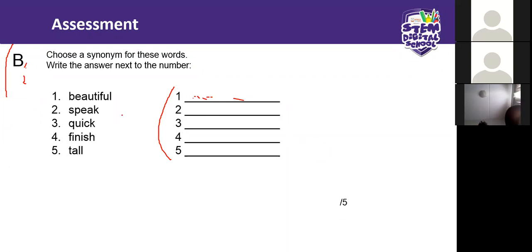Now we are going to number 2. Find me a synonym for speak. Another word that means the same as speak. Then you write it there by number 2. Okay. Another word for speak is?